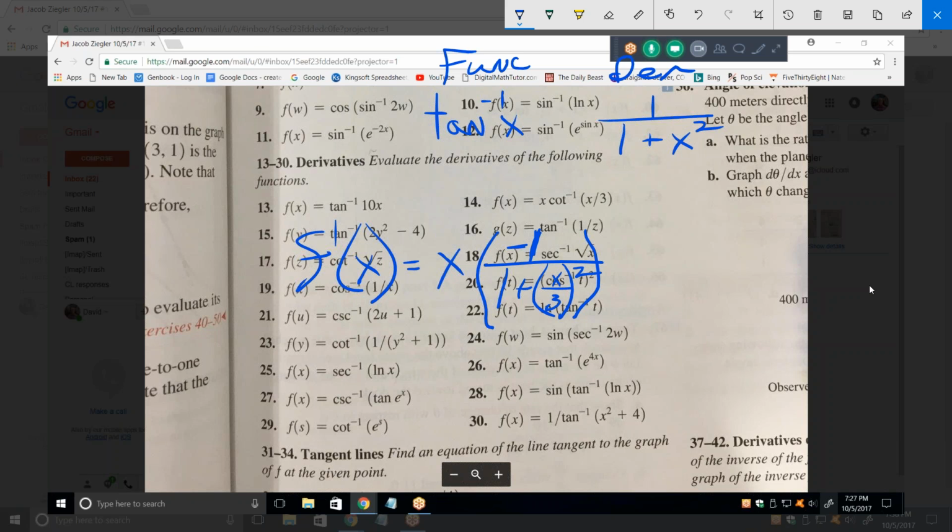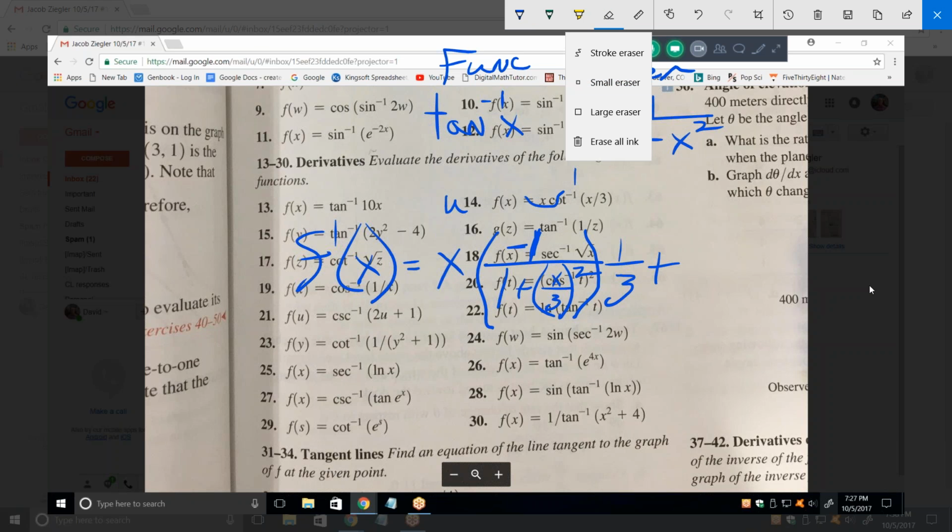Times the derivative of the inside, which is just 1/3. Okay. Now that's just the first part of the product rule, right? In other words, what that is u, and that's v prime. You with me? Yep.